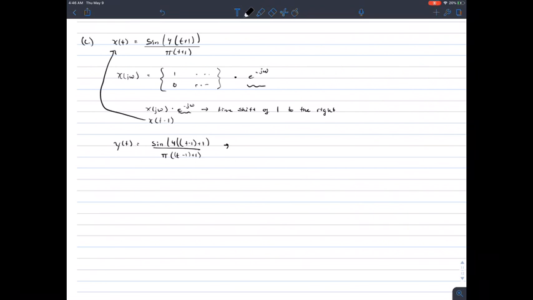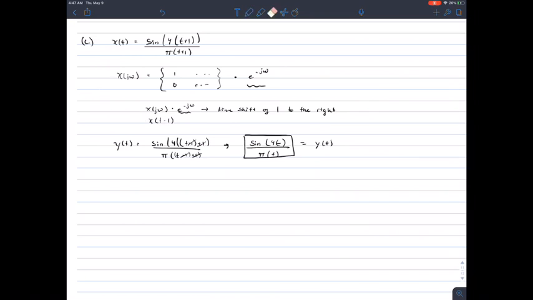That is ugly. And when you simplify this, this is going to be sine of 4t, because that cancels, all over pi t, because that cancels. So this is your impulse response. This is y sub t.